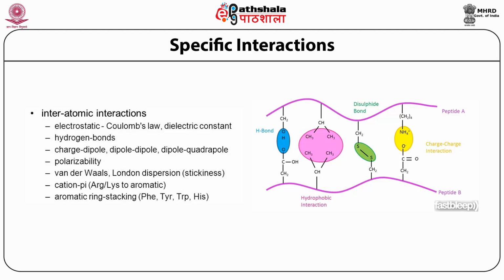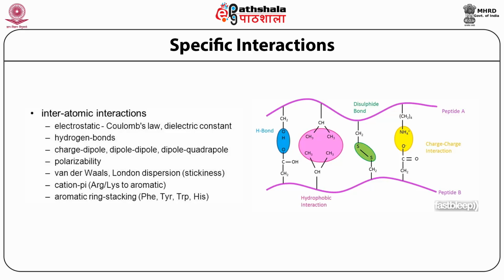The first one is the hydrogen bond, which is formed between the OH group and oxygen, hydrogen bond donor and acceptor pairs. Others are the hydrophobic interaction, where two hydrophobic molecules together can form van der Waals interactions. The third one is the disulfide bond, and the fourth one is the ion pair.